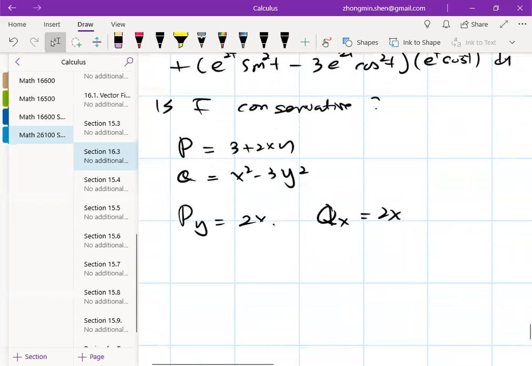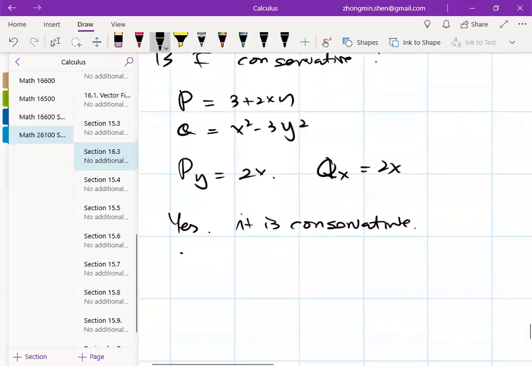We did this already, right? So since we did this already, we already found this f. Yes, it is conservative.